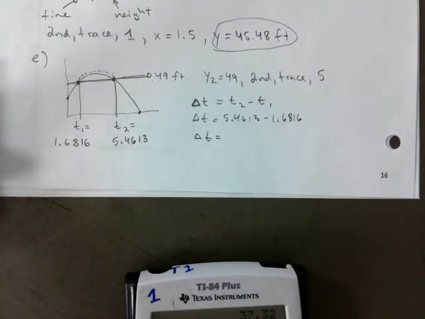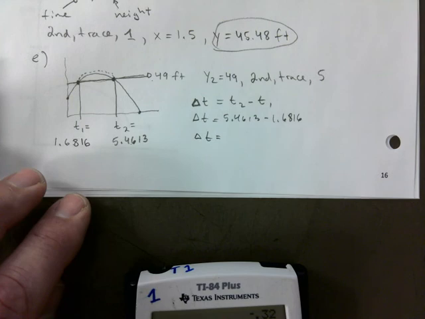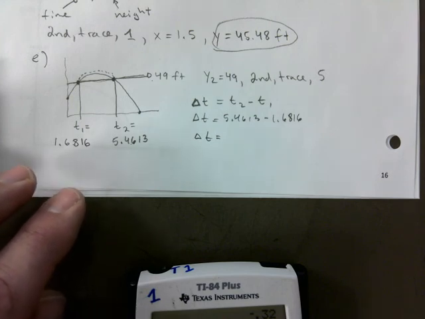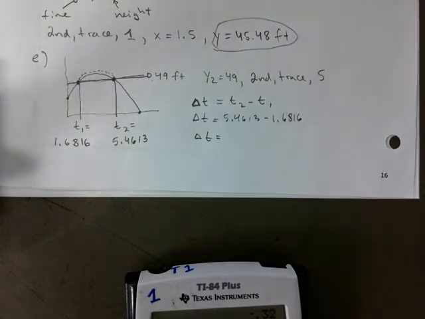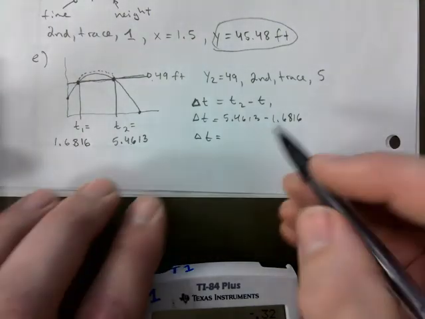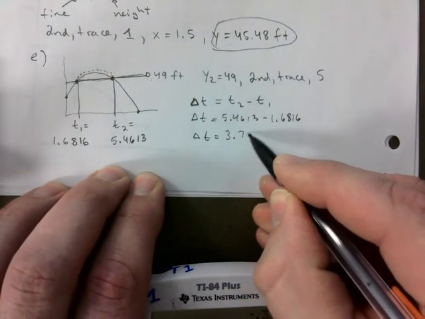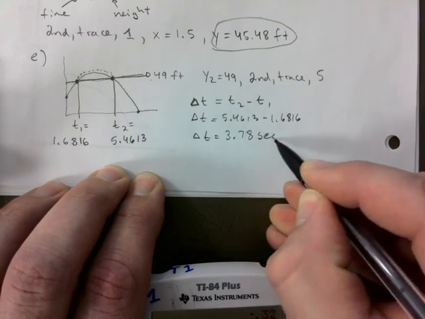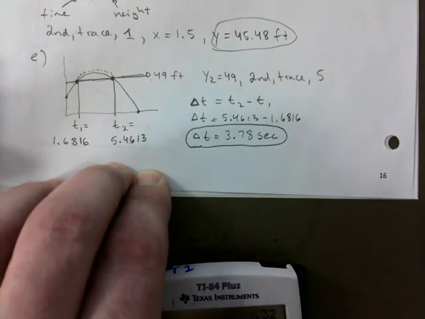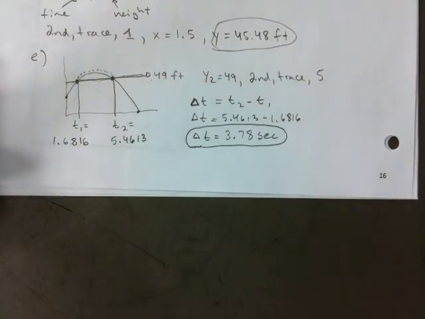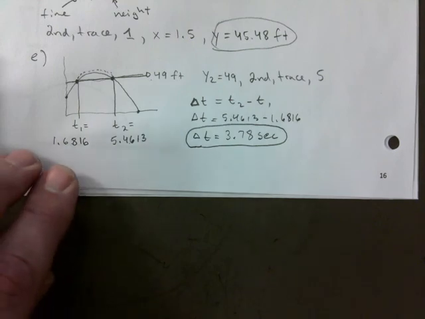And let's go ahead and do that. 3.78 is what I get. That would give you a 2 out of 2 right there. If you actually go ahead and subtract them, you get full marks.